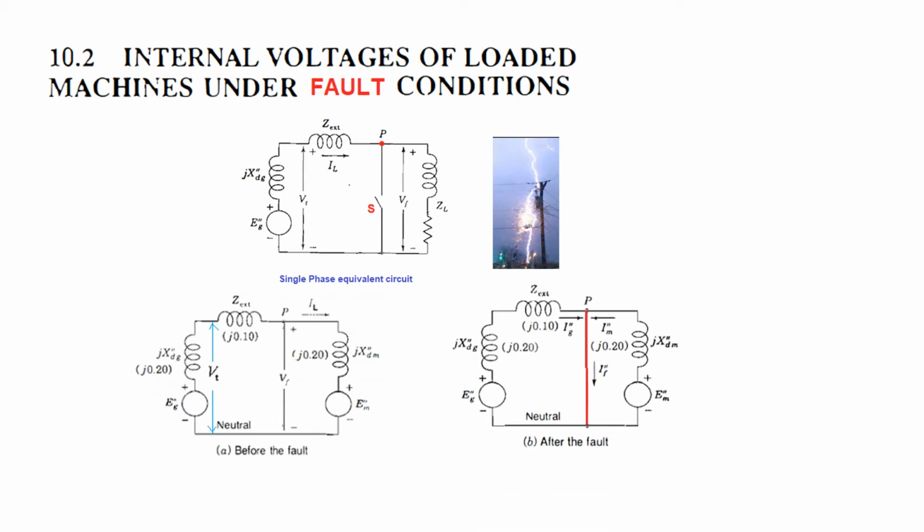When the fault occurs, we close this switch, and so this is the condition. Now there will be two circuits, one through this and the other through this. You can see this is now the short circuit current, or the subtransient current, for the generator I G double dash. This is the subtransient current for the motor, and the sum of the two will be the fault current I F double dash.